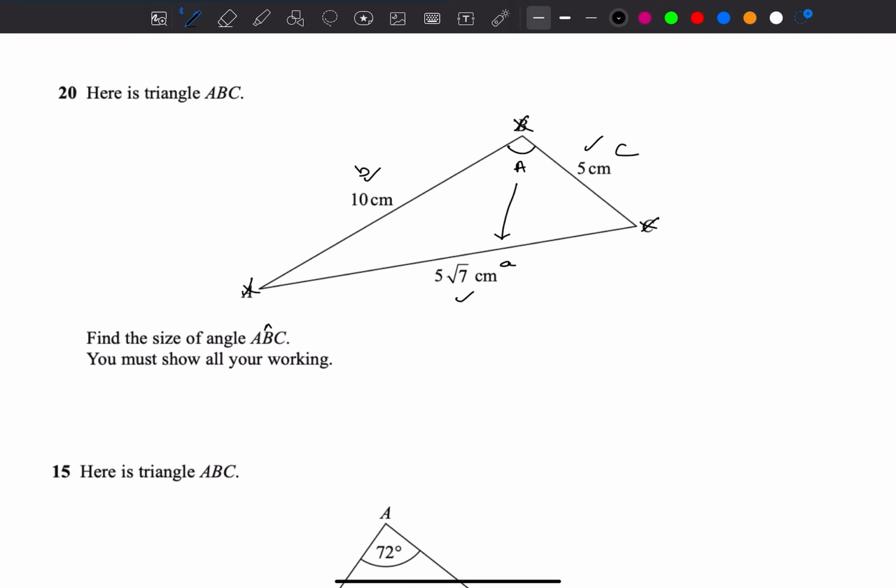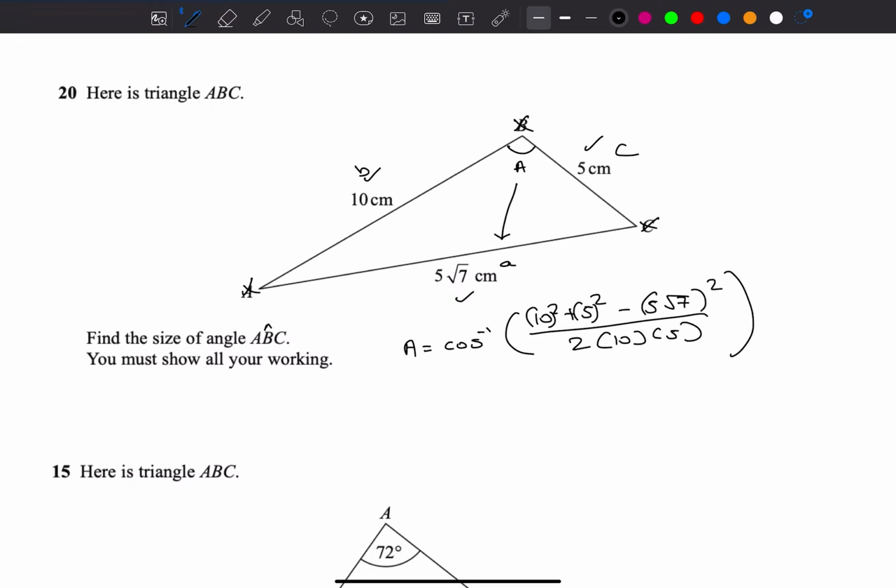So remember the formula. A is just cos inverse of B squared plus C squared minus A squared over 2BC. So 10 squared plus 5 squared minus (5 root 7) squared, put a bracket around it, over 2BC. 2 B is 10, C is 5. Always write down the formulas for cosine rule and sine rule.